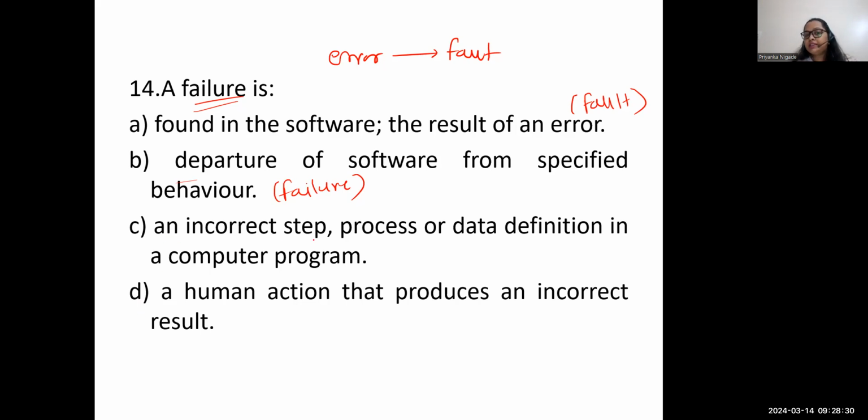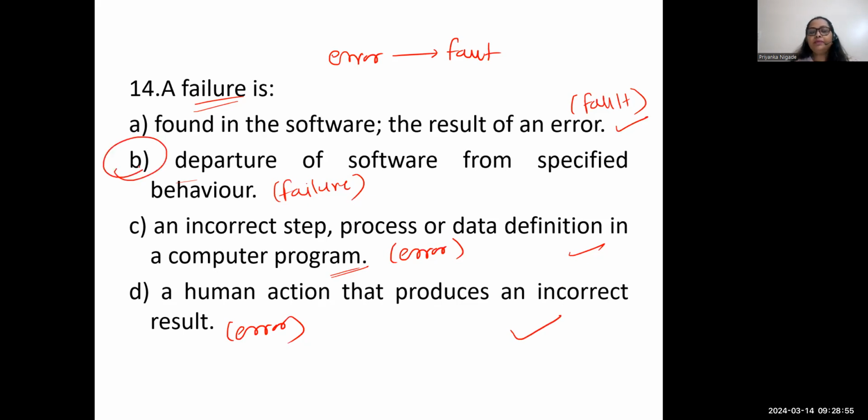See, incorrect step, process or data definition in a computer program. Whenever computer programming is there, it's all about the error. Any incorrect step in the code, that is your error. Any human action that produces an incorrect result is also error. So even the first option is for fault, the remaining two simply define error.